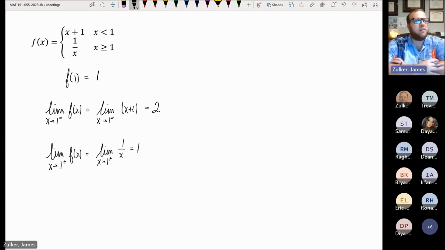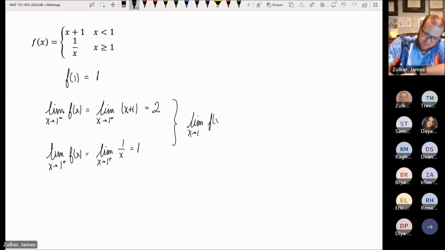That limit is 1. So the limit at 1 does not exist. So 1 is a discontinuity.